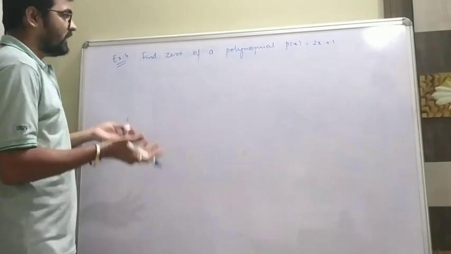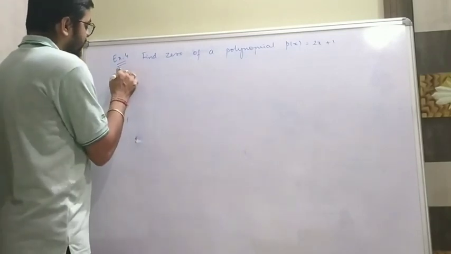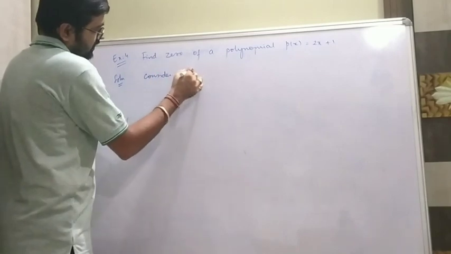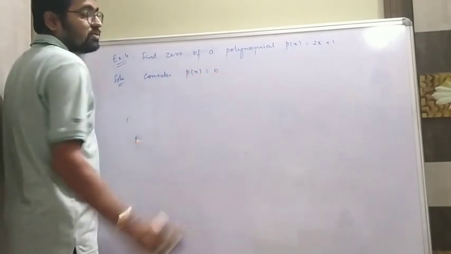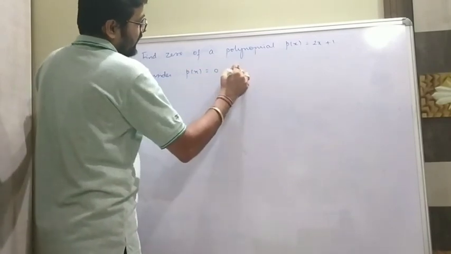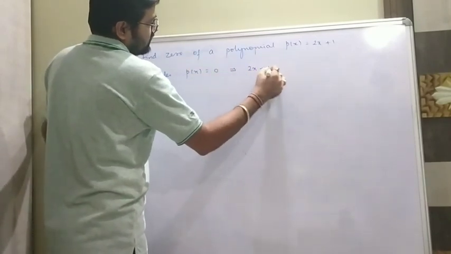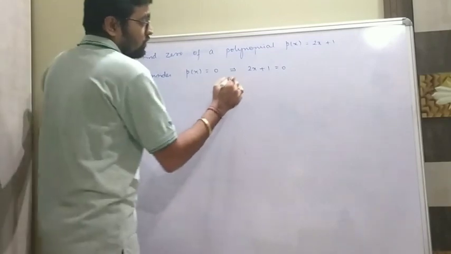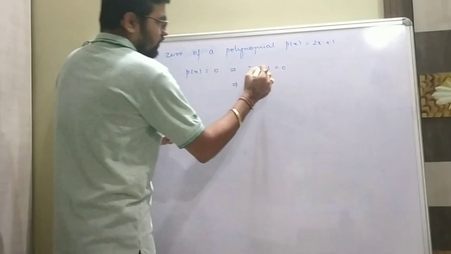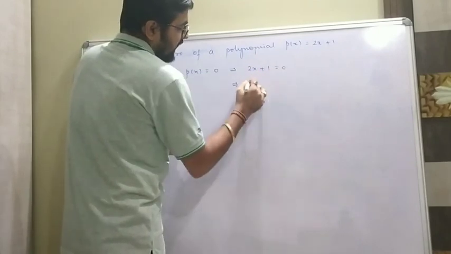Correct. So what we are planning to do here is in a different way. Say let's consider p of x equals to 0. Now if I consider p of x equals to 0, can I say 2x plus 1 equals to 0? Then what could be the value of x? So how can I find the value of x? So what you can do is take this 1 on the right hand side.